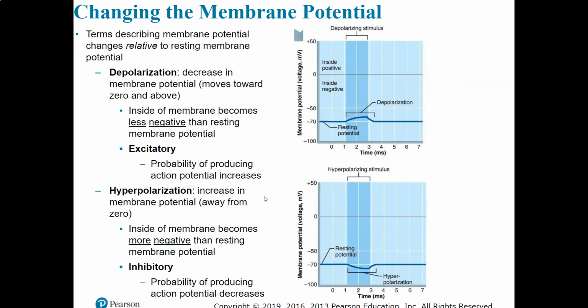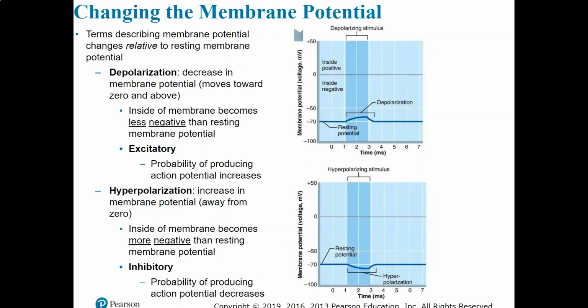When we change the membrane potential, we can either depolarize or hyperpolarize it. Remember, polarized means the two sides are different from each other. In the case of the resting membrane potential, the inside of the cell is more negative than the outside of the cell.